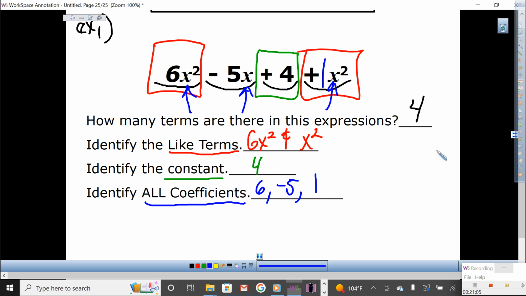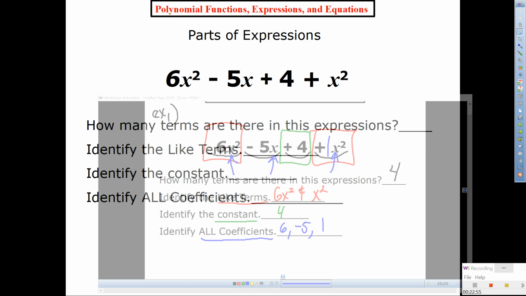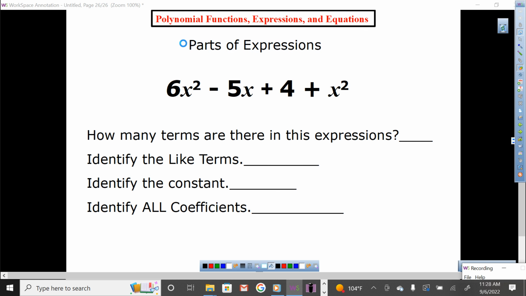Let's do another one. Example 2. Copy this. Give me a second.